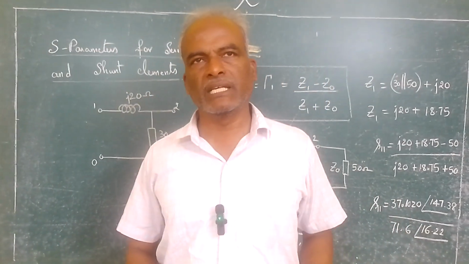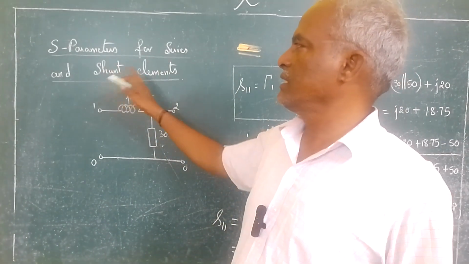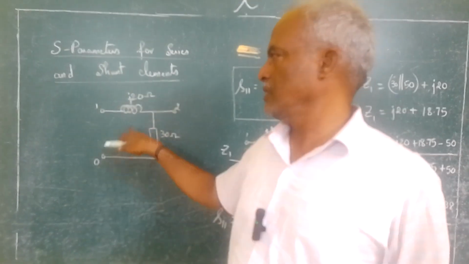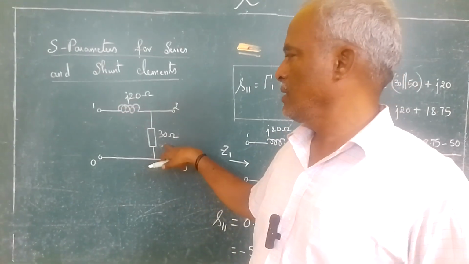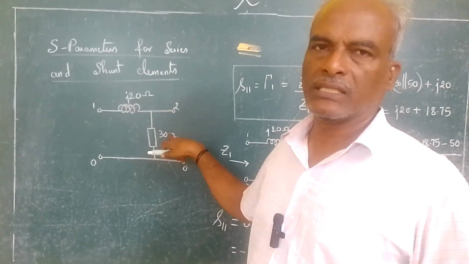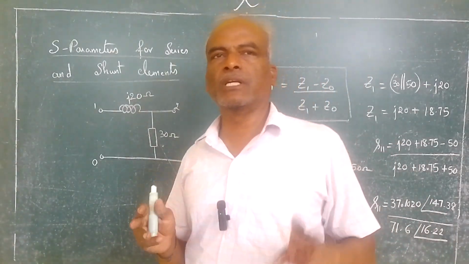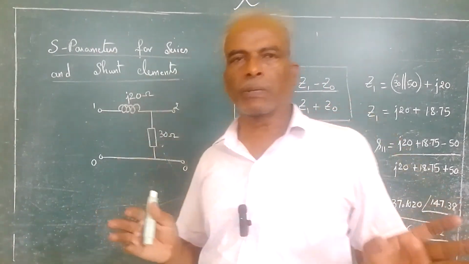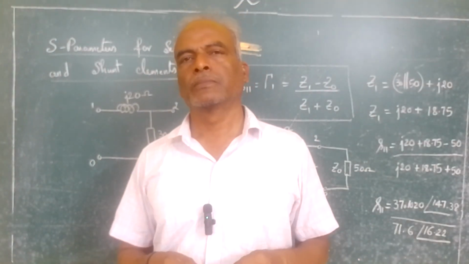Today we are going to see S parameters for series and shunt elements. Here we have the series element as j20 ohms and the shunt element as 30 ohms. Already we have seen two problems on S parameters, and those were very simple problems.